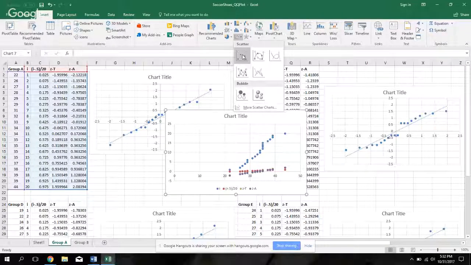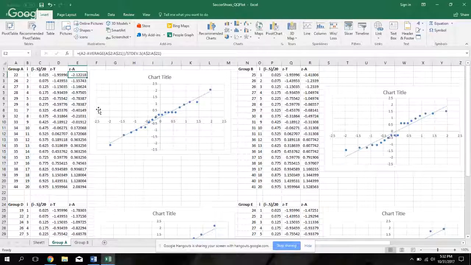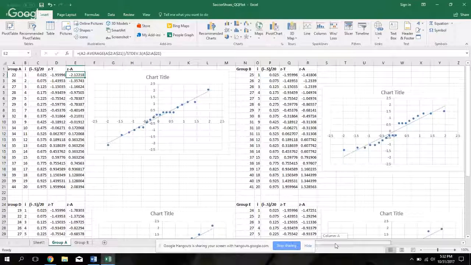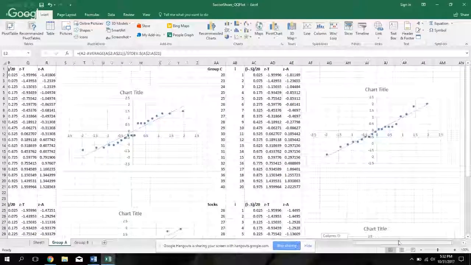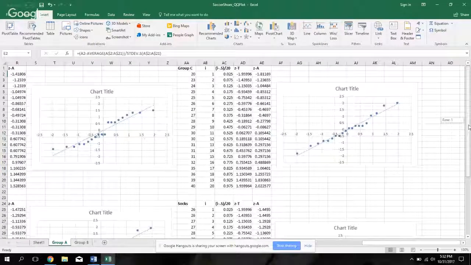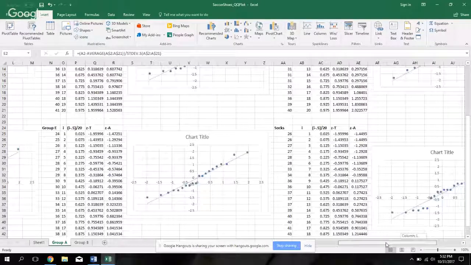And then you just do this scatter plot and it tells you, which ignore that just popped up. But these are the scatter plots that I got from doing these QQ plots. And you tell me if any of them look not so normal. I think they're all pretty normal. Yeah.